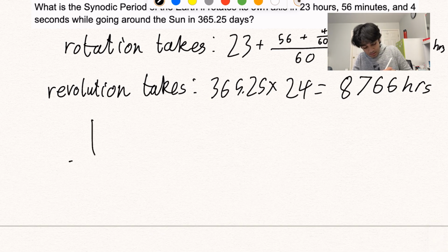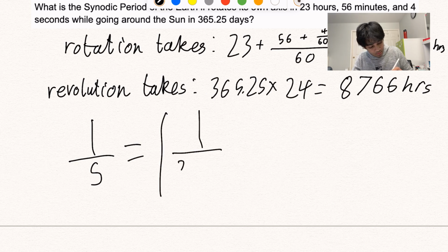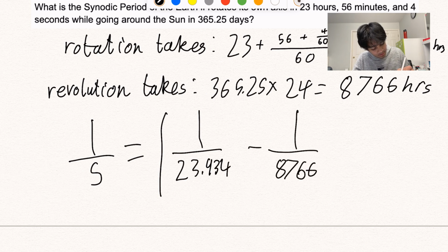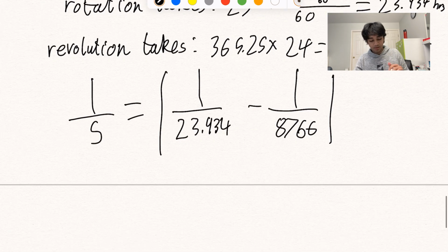Let's find the synodic period, which is going to be 1 over 23.934 minus 8766.